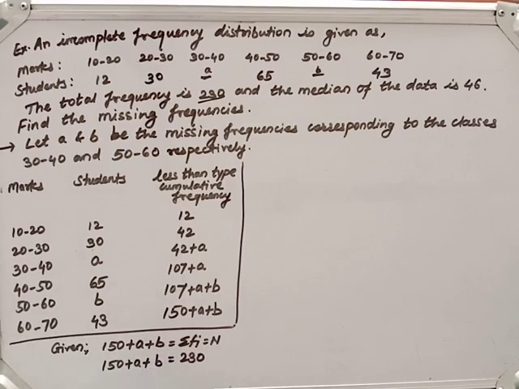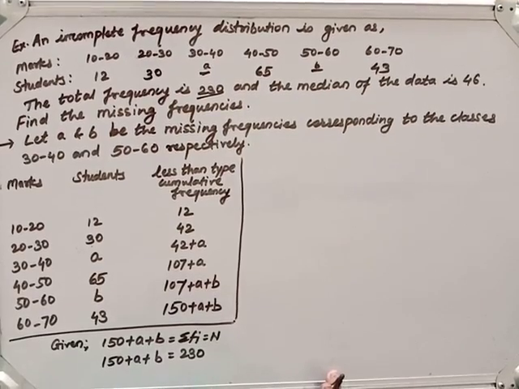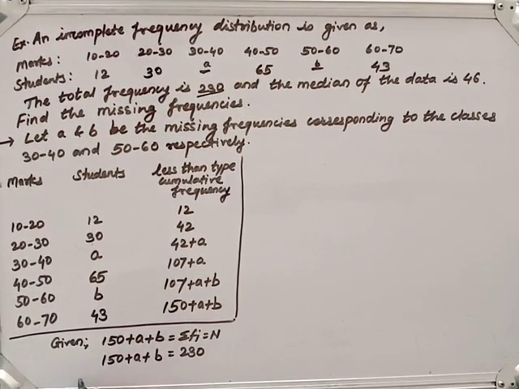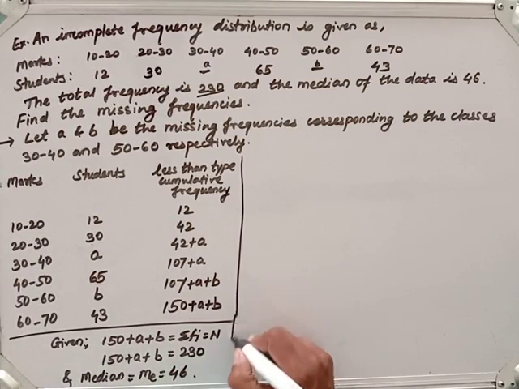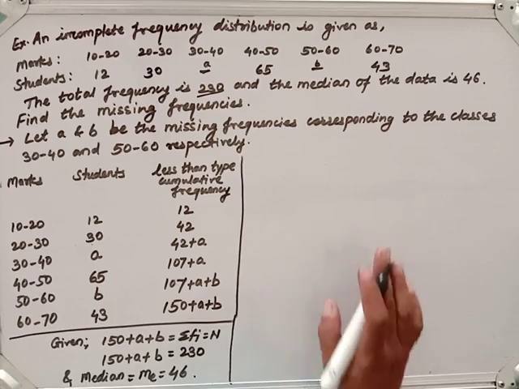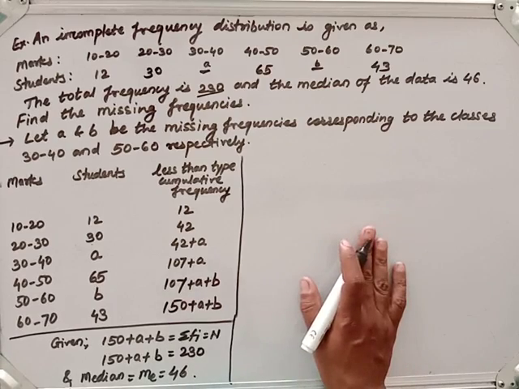This is given. Fine. And one more thing is given to us, that is the median. Median is equal to ME, that is equal to 46.